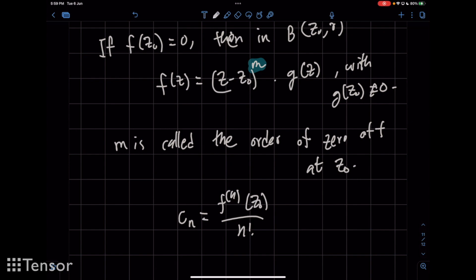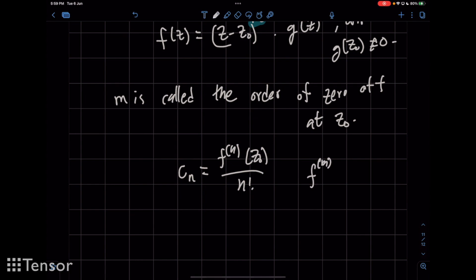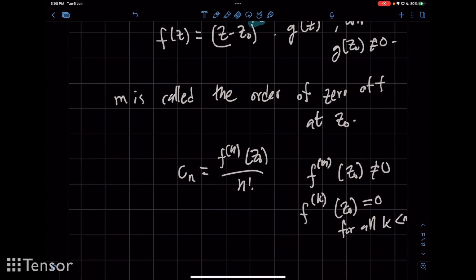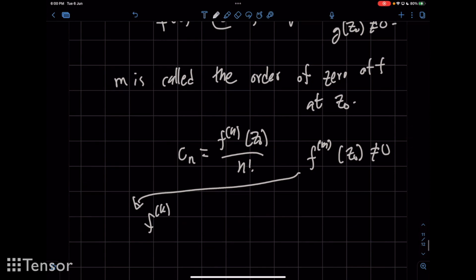And if m is the order of 0, then the mth derivative of f at z naught is non-zero, but all the previous ones, the kth derivative of f at z naught, are 0 for all k smaller than m.